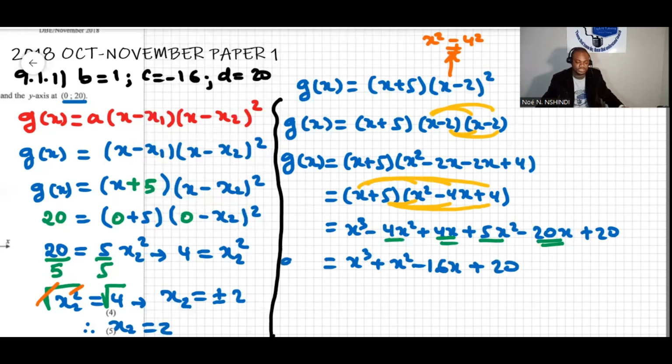Now we express g of x with all the coefficients of its terms, and we can see that the coefficient of b is 1, this is the coefficient of c, and that the coefficient of d. Therefore b is 1, c is negative 16, and d is 20.